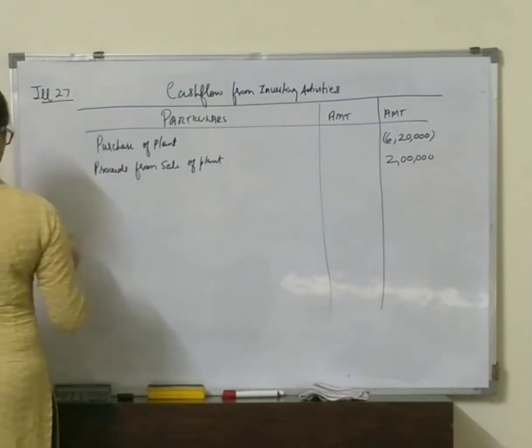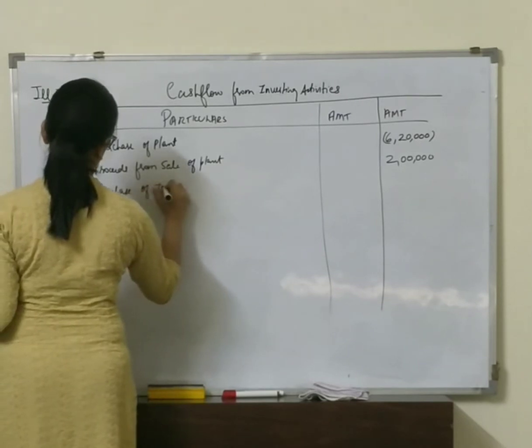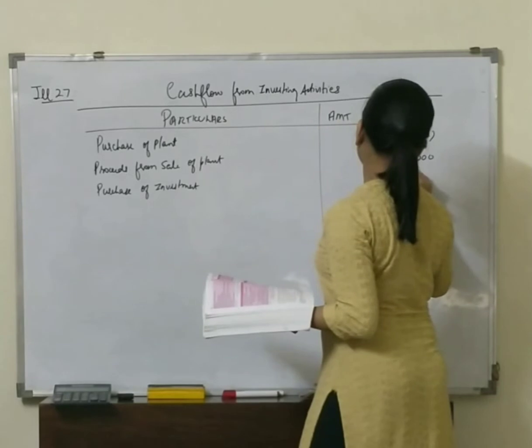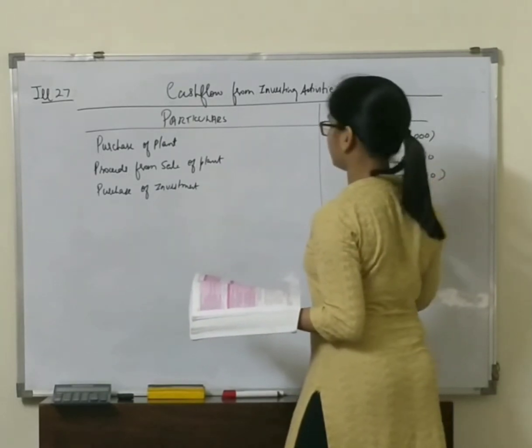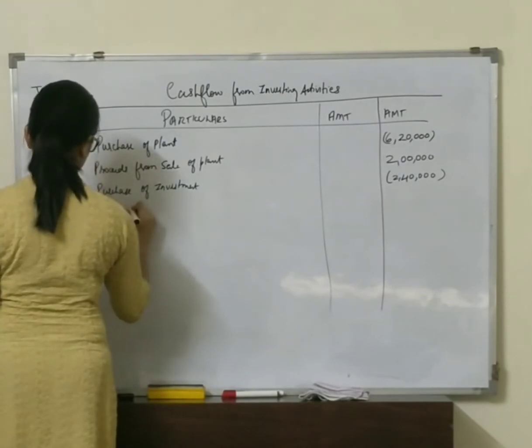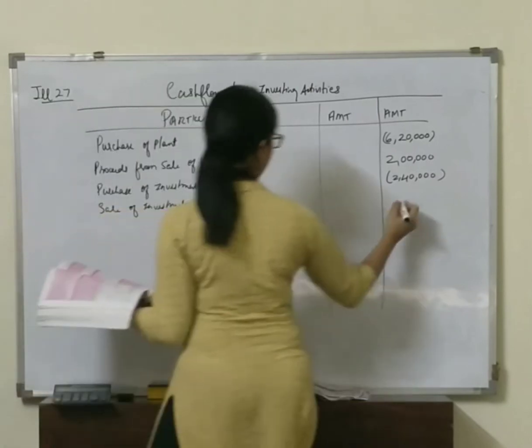Then we have investment, purchase of investment, 2,40,000. Why? Because again it is a purchase, it is a cash outflow. Next, sale of investments. It is 80,000.